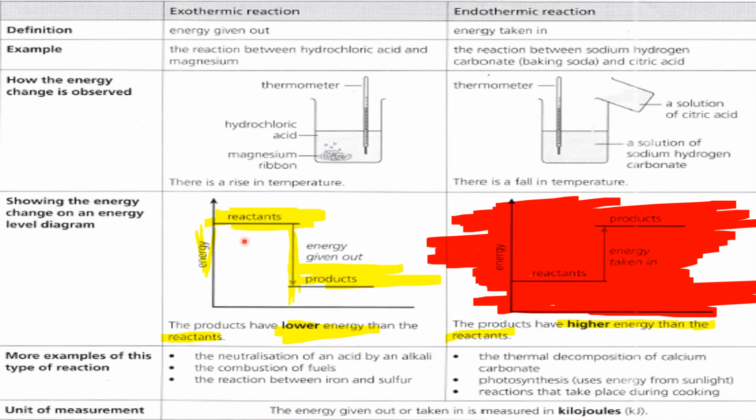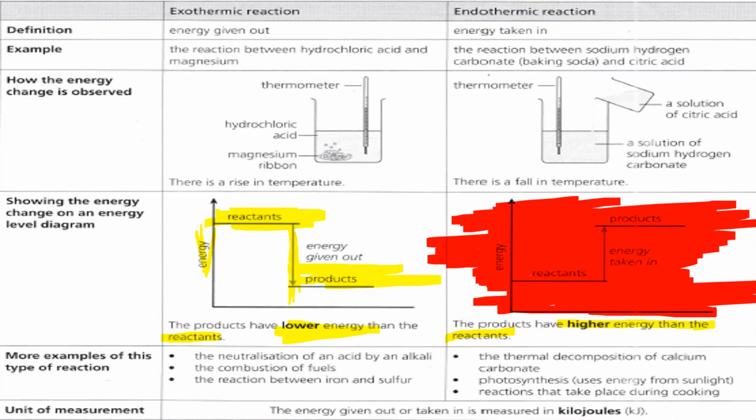For the arrow, for exothermic it points downwards, for endothermic it points upwards. So please remember where you should put the reactant, where you should put the product, which one has higher energy, which one has lower energy. This is very important in this topic.